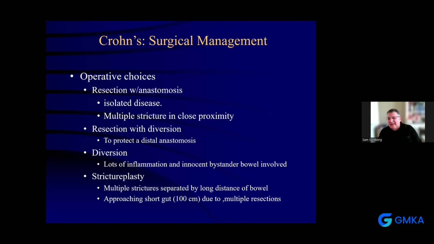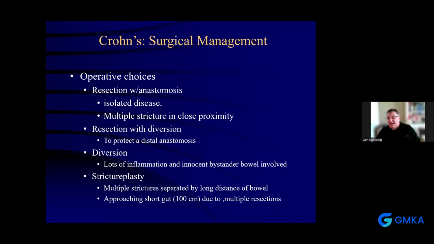Stricturoplasty. I like stricturoplasty, but I reserve that for patients that have had multiple surgeries. I do that for patients that have multiple strictures separated by long distances of bowel in between. Say somebody has 300 centimeters of intestine and they have 4 strictures, but every one is 60 centimeters apart. You could do 4 resections, but you could also do 4 stricturoplasties.